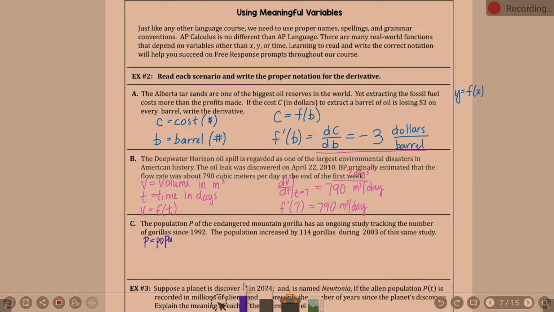I think we should use T for time in years. Good variable for time is T, and we're talking about years here, so this is going to be time in years.